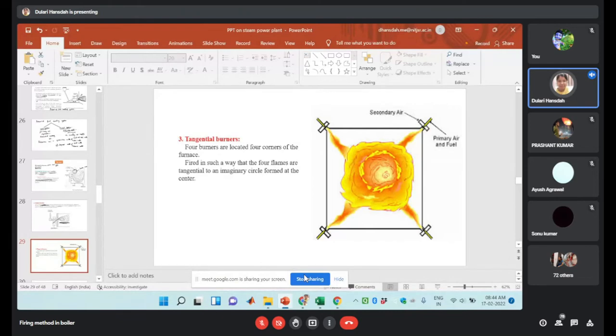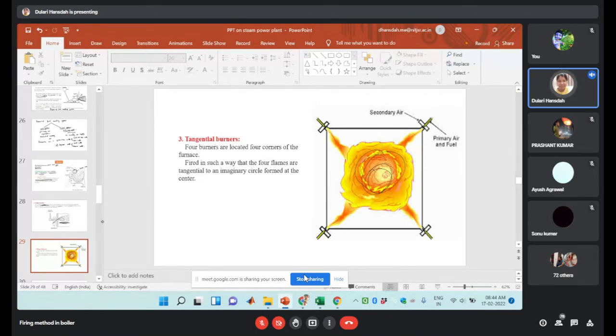So here high circulation of air and fuel is achieved. Primary air along with fuel is given through this one. At this entry point we also provide the secondary air, which gives better mixing of the air-fuel mixture, and as it is preheated air, you can get complete combustion at the center.